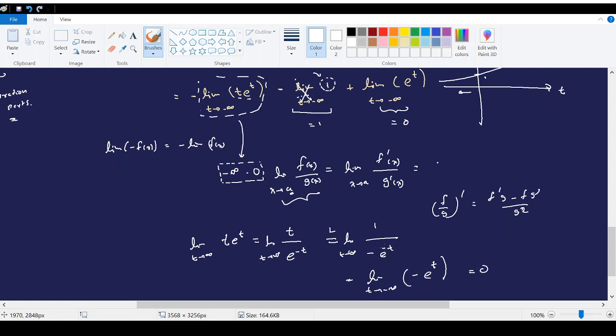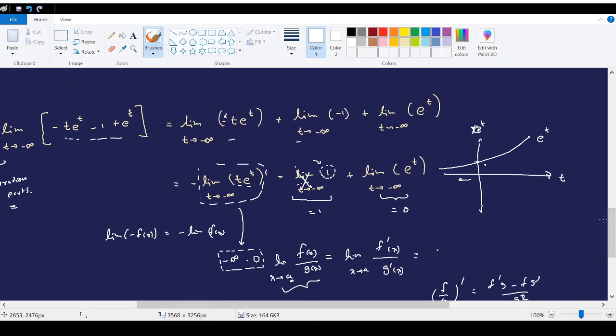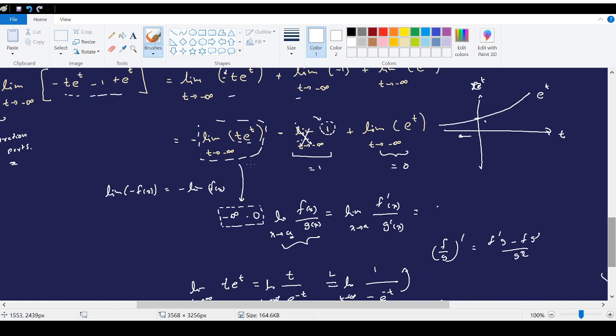Here you have negative t in the denominator, so you take it up, so it becomes e to the power t, and here t goes to negative infinity, and it is the same case as I explained in the third term. So this answer is 0, right?